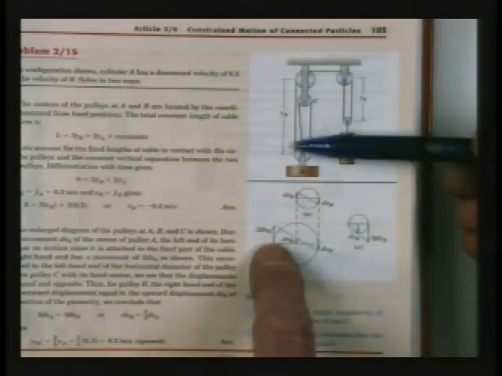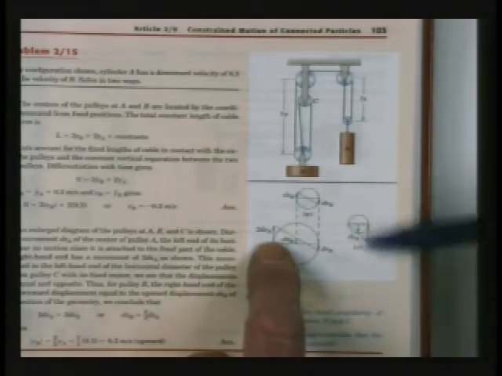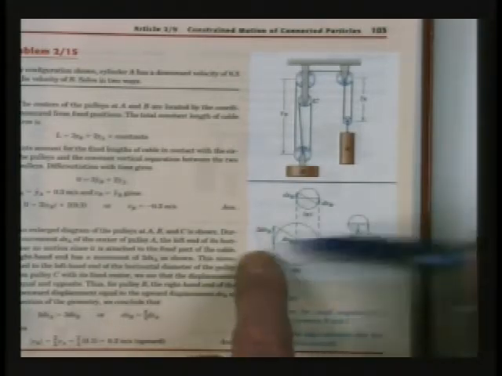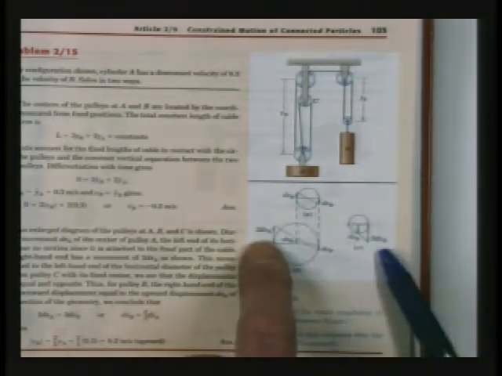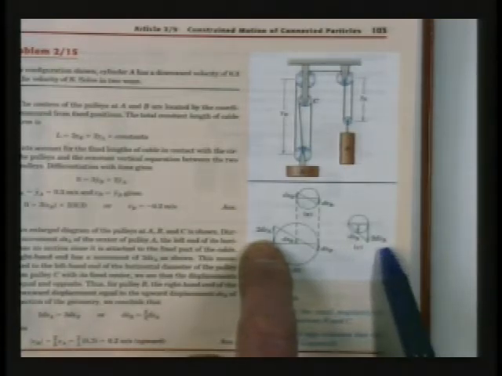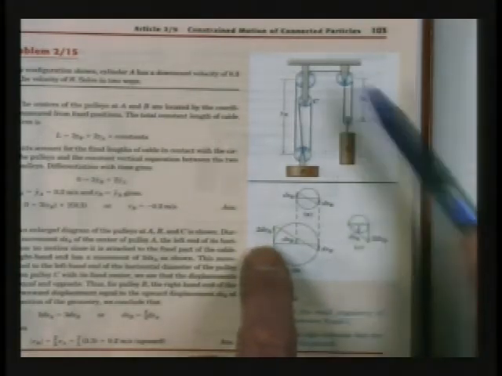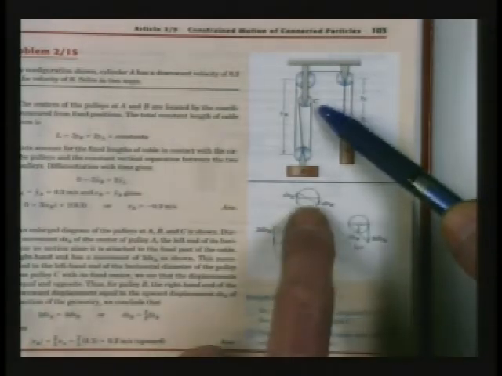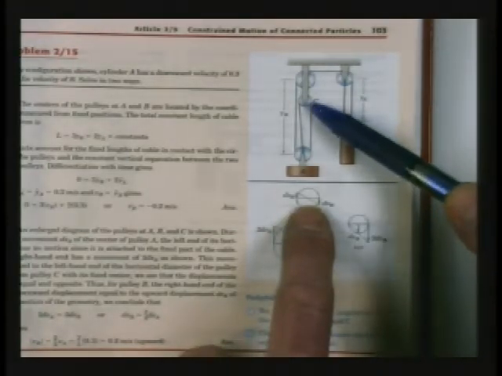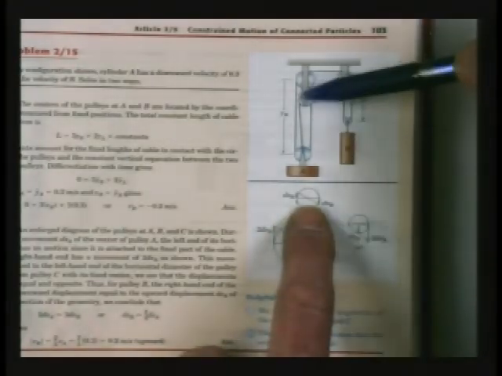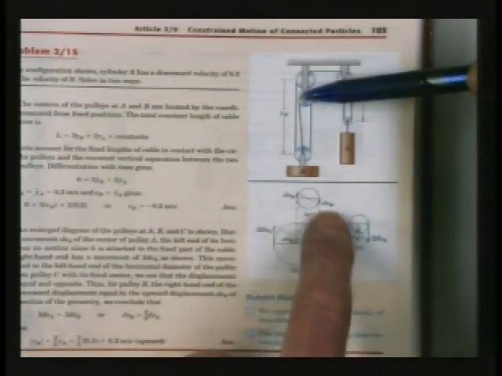Well, what they're doing is showing that this piece here connects to this piece through an inextensible cable. Has to be. And then this particular pulley right here is rotating about its center, so whatever goes up has to come down on the other side.